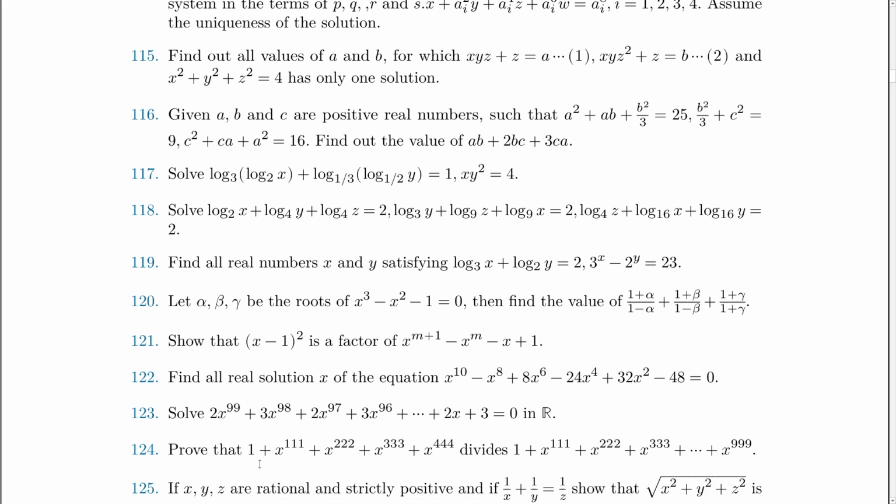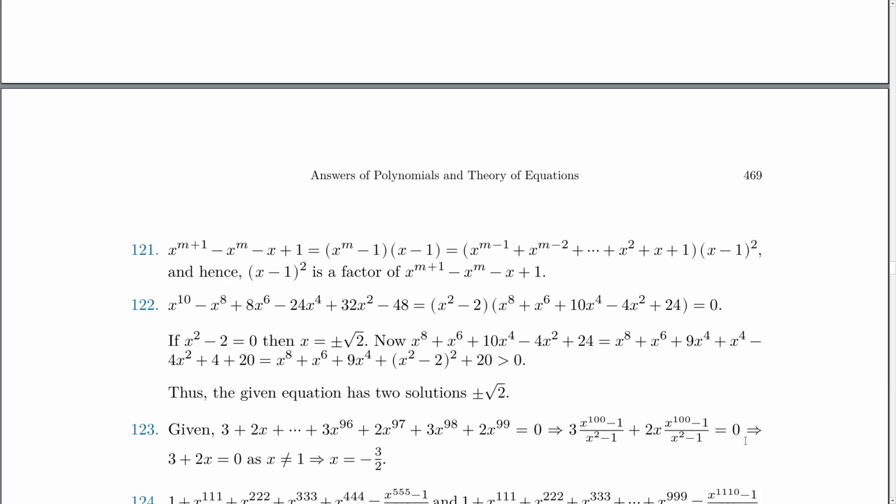Now we solve question number 124. It asks us to prove 1 plus x to the power 111 plus x to the power 222 plus x to the power 333 plus x to the power 444 divides 1 plus x to the power 111 plus x to the power 222 up to x to the power 999.